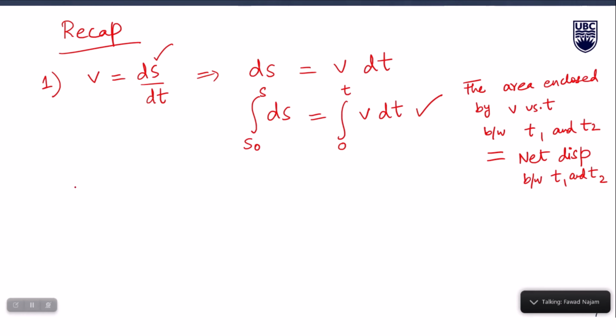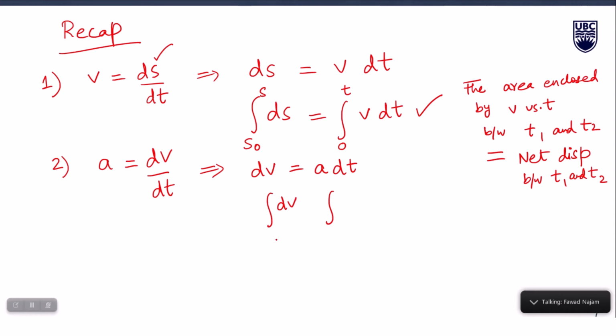The second concept we discussed was that acceleration is equal to dv by dt, and that is actually dv is equal to a times dt, and again we can write it in integral form: the integral of dv from v naught to some value of v is equal to the integral of a dt, where limits will be from t equal to 0 to some value of t, right?